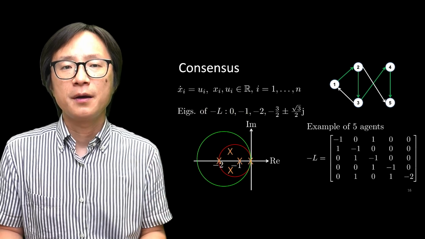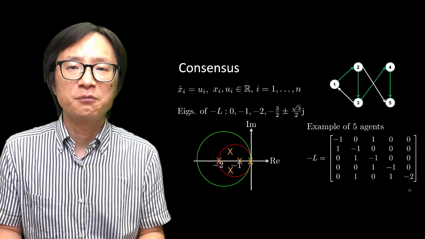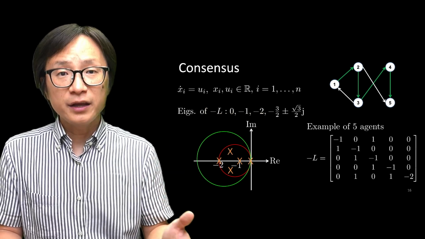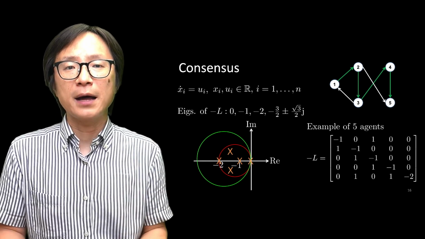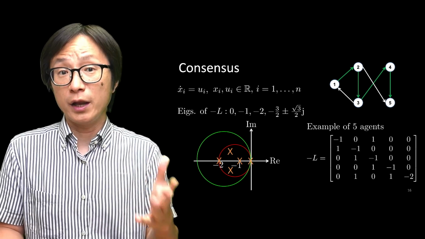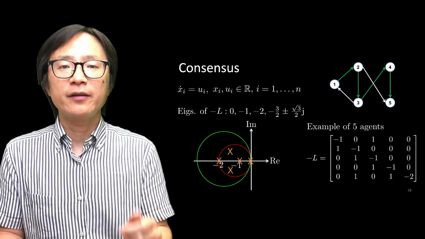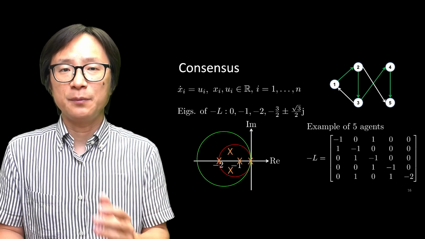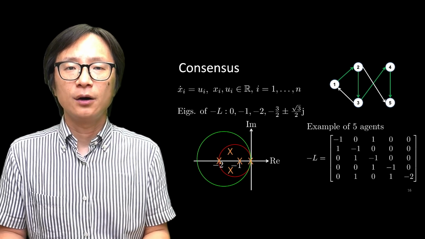And we can confirm for this example that all the eigenvalues of minus L indeed lie within the green circle, including the boundary, and the boundary one in this case is exactly the origin, and we know that there is one eigenvalue 0. All the other non-zero eigenvalues are stable, on the left-hand side of the complex plane or the imaginary axis.